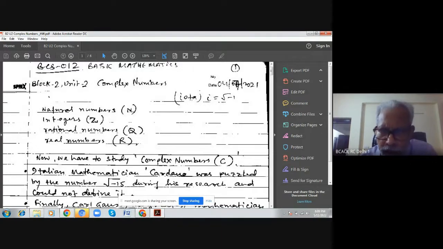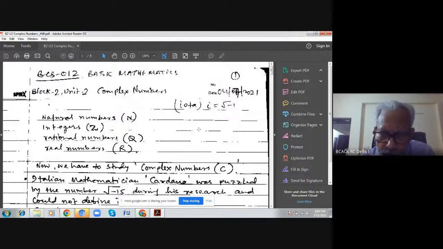And i stands for iota, a Greek name, which is equal to root over -1. That is a standard thing you should remember. i equals root over -1, or we can say i square, or iota square, is equal to -1. You have to keep that in mind.